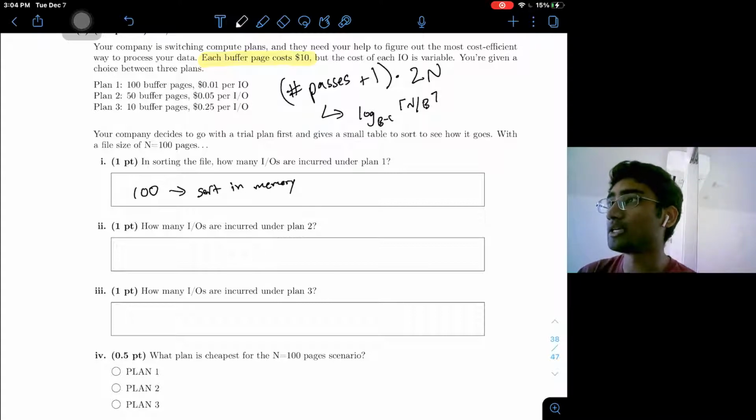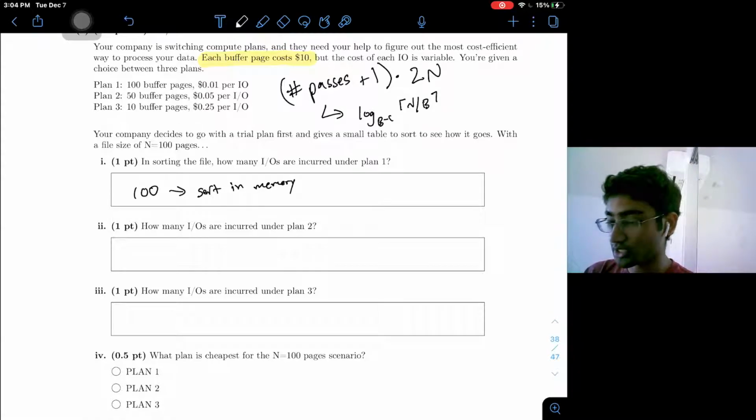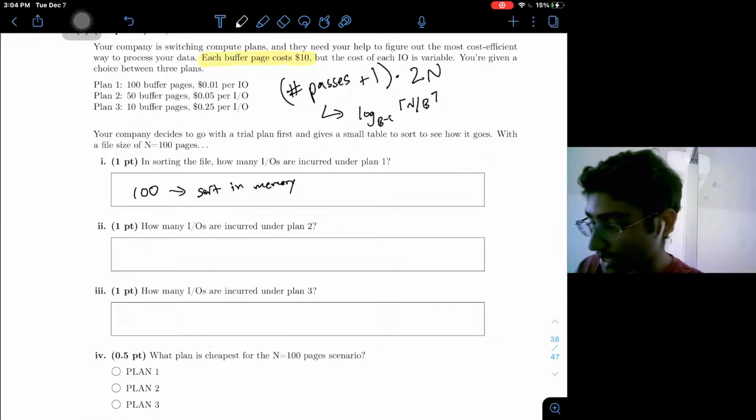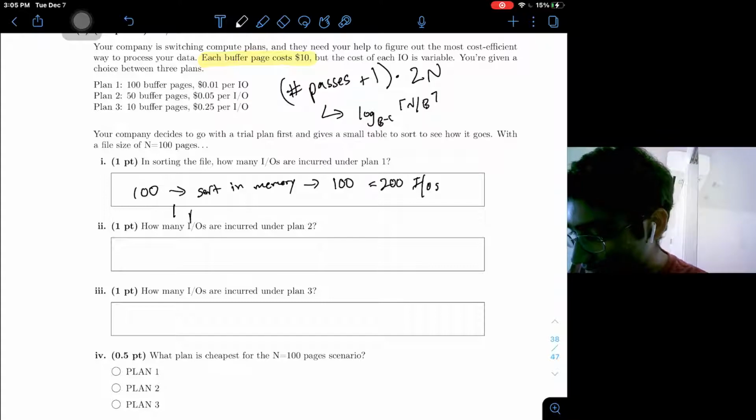Because of that, we have it completely sorted after that in-memory sort, and then we just have another 100 to write. So the total IO cost here is just 200 IOs. We read in all 100 pages, sort that in memory because we have B equals 100 buffer pages, and then we just write them back down. So if we were to put this in terms of our formula, we had one pass, and then we multiply that by 2n, which is equal to 200.